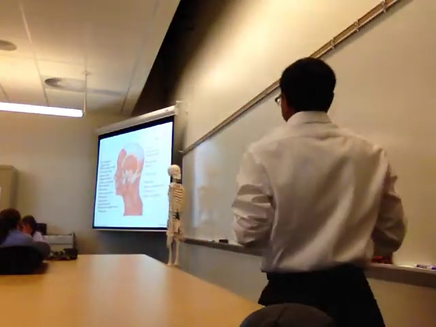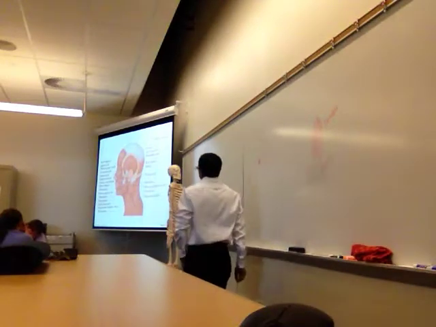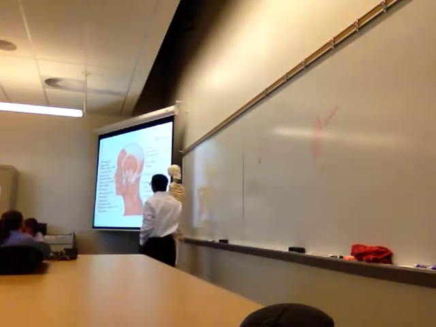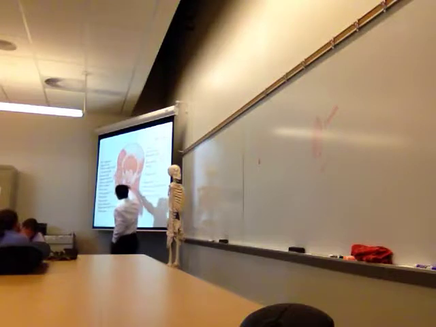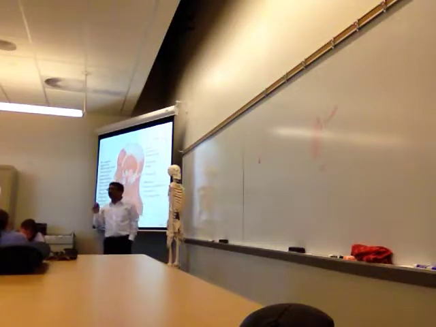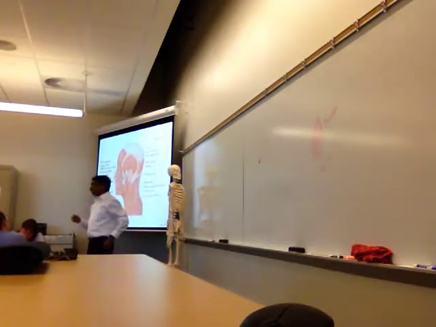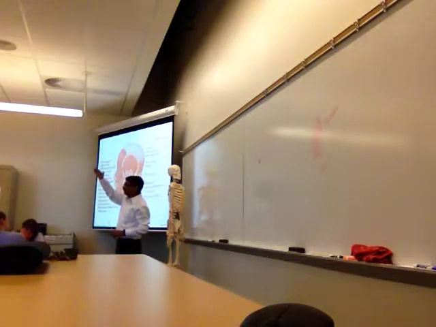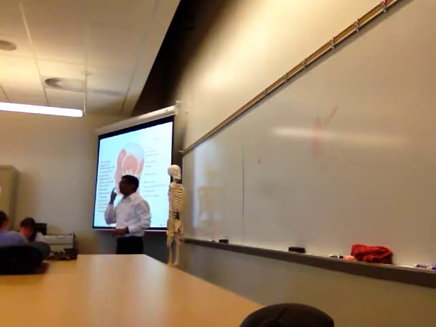Then levator labii superioris. This one. When you hear levator, just think that an elevator lifts up. So levator will do what? Move up, lift. Labii means lip. Superioris, which way?